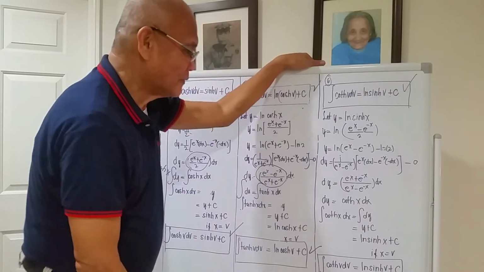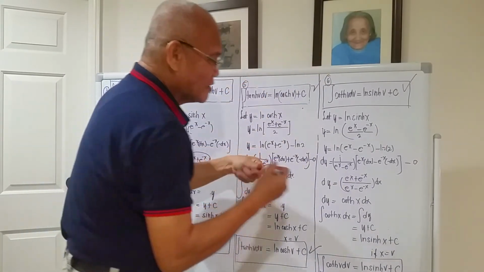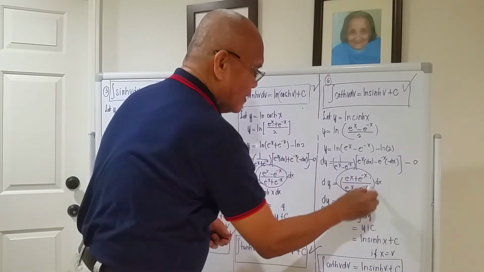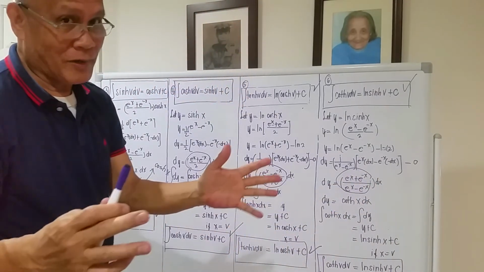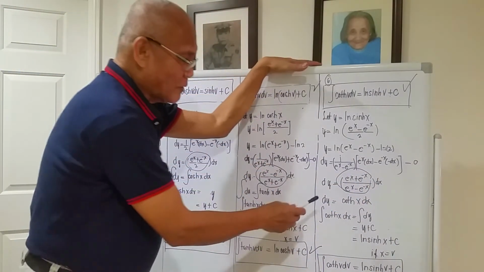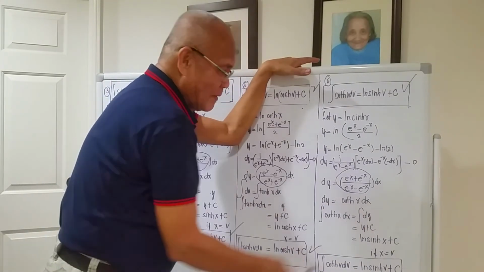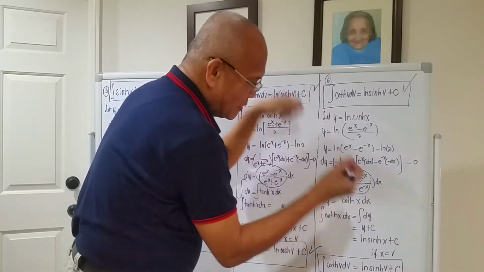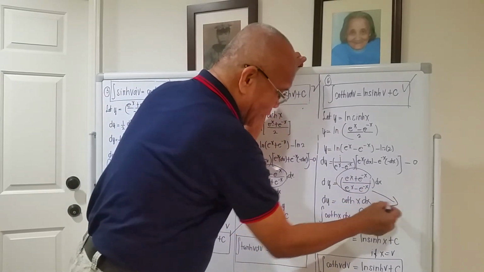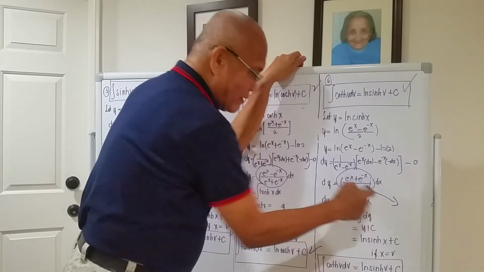Okay? But what is this? It is hyperbolic cotangent. Therefore, dy now equal to hyperbolic cotangent of x dx. The equivalent of this exponential expression is hyperbolic cotangent of x.